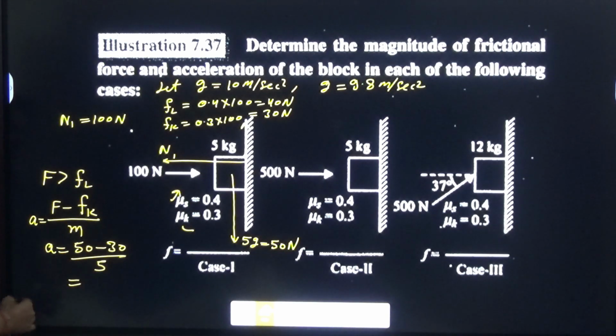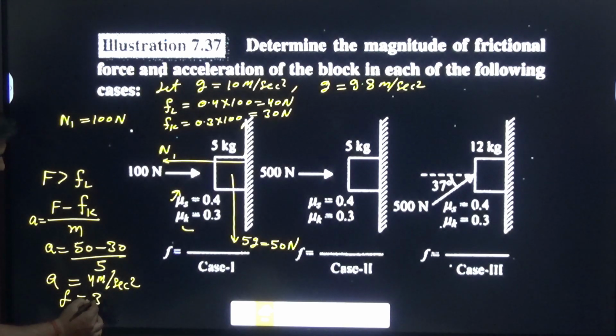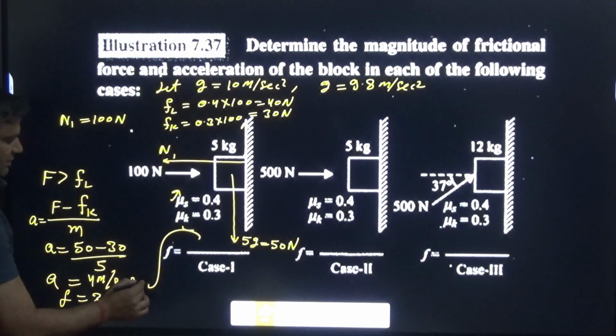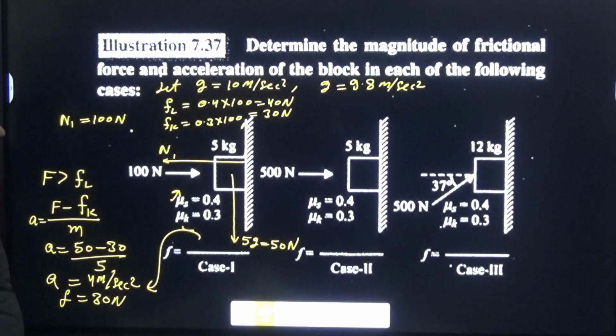So 50 minus 30, 20, by 5, that is 4 meter per second square. That is the acceleration. What about frictional force at that time? That is 30 Newton. So question 1 is completed.